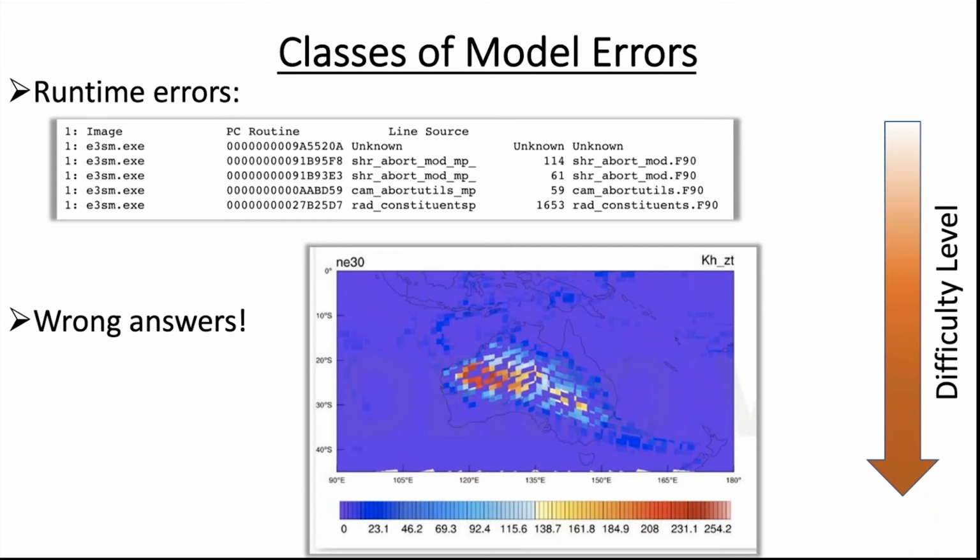These are, I would say, the hardest to locate and fix, because the model runs fine in these cases. It configures, compiles, and runs fine, and you don't see any sign of model crash or any sign of anything going wrong, until you analyze the output. Sometimes it is very easy to locate these errors, because you immediately see that there is something wrong in some of the fields.